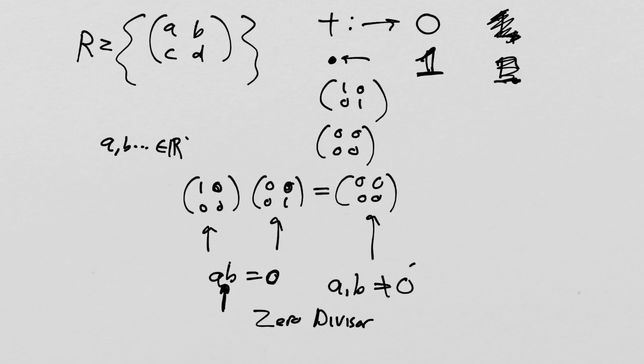And you can have a left and right zero divisor because, again, it's non-commutative, right? So an element A is a left zero divisor if there exists some element X in the set where that's true.